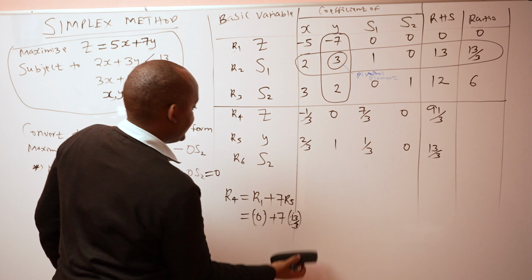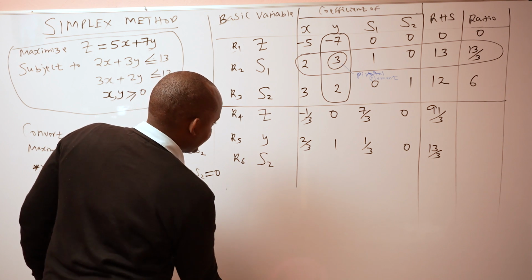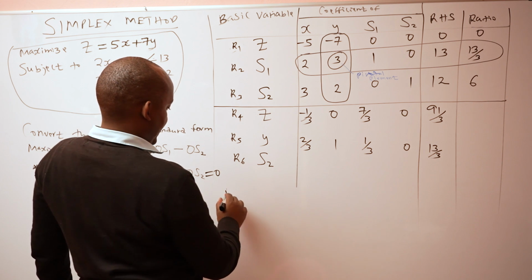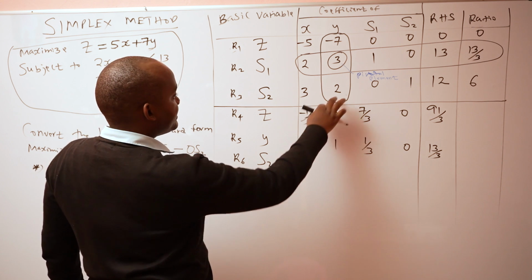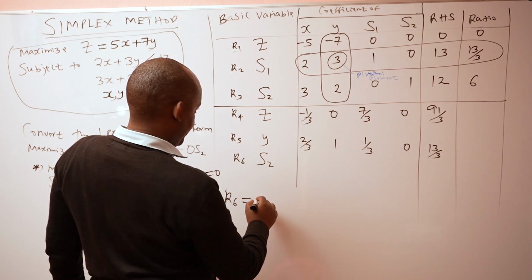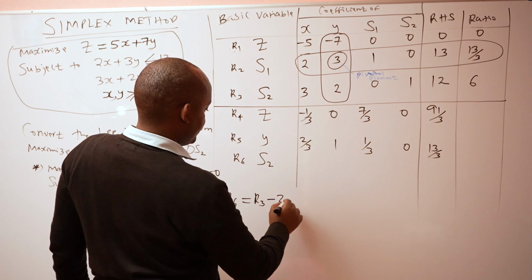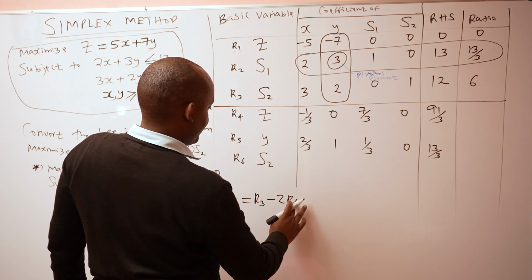Row number 6, which is now this column with S2, is filled in the same procedure. That is the operation that will reduce this entry to 0 using row number 5. It will be equal to, you can take row number 3, you minus 2 multiplied by row number 5.